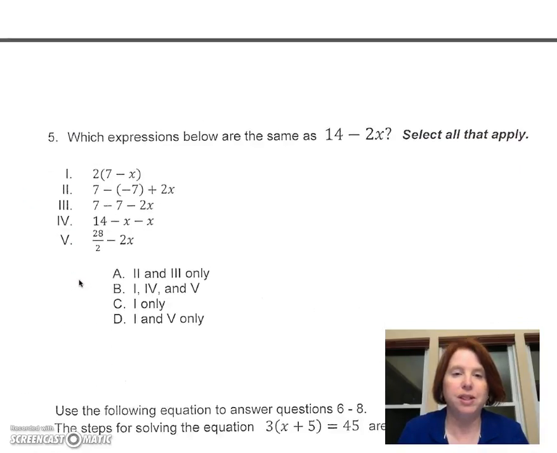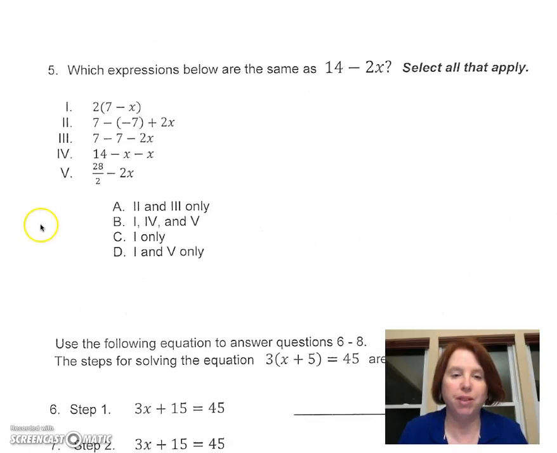Now we're going to go to the second page and start with number 5. It says which expressions below are the same as 14 minus 2x. Again, we are selecting all that apply. Roman numeral 1 says 2(7 minus x). Roman numeral 2, 7 minus (negative 7) plus 2x.